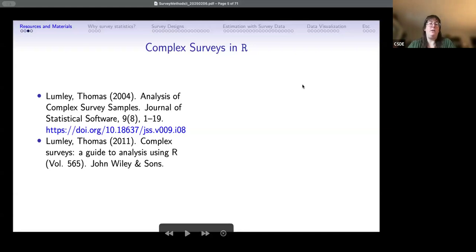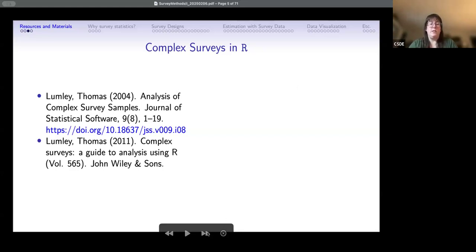And then he also published a textbook called Complex Surveys: A Guide to Analysis Using R. It's really great. It motivates all of the statistical knowledge and really goes into that, and then accompanies it with the actual R code using the survey package.